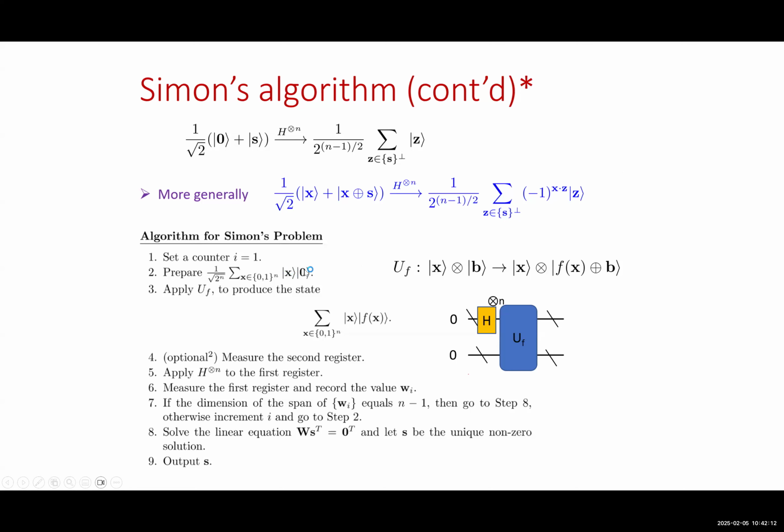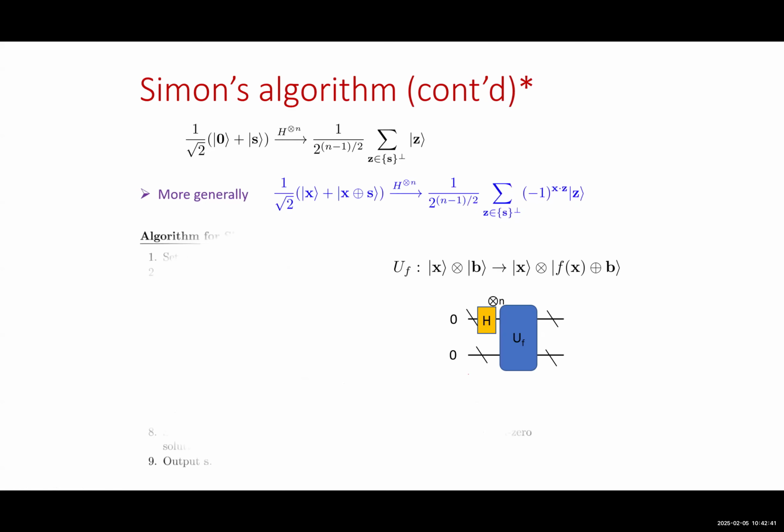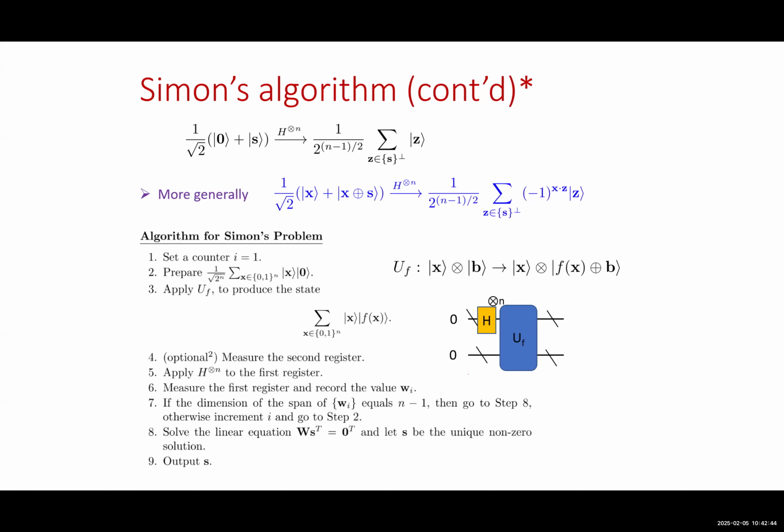For the second, we assume f(x) is 1-bit, but it doesn't need to be 1-bit, it can be n-bit. We assume it's at least enough to be able to distinguish different pairs.